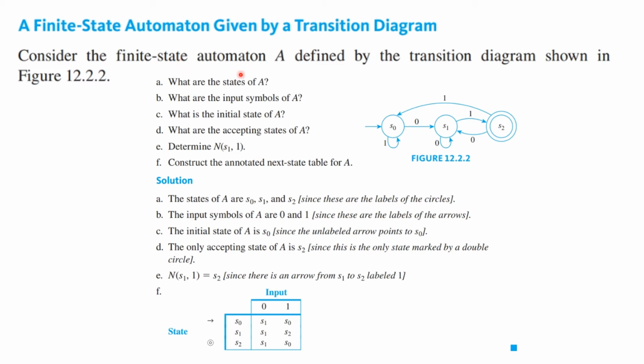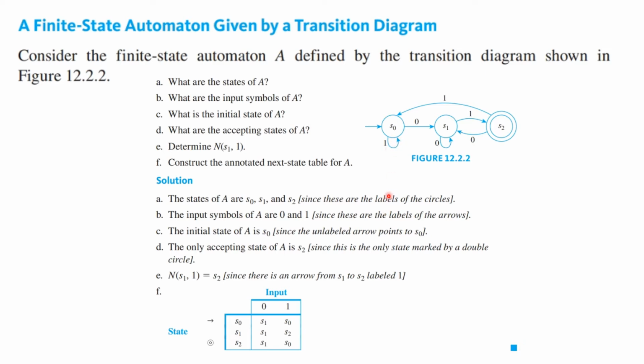So here's a finite state automaton, A, defined by this transition diagram that you see here. And we can ask questions about what are the states, input symbols, initial state, accepting states, and calculating the transition function. And also you can be asked to construct an annotated next state table given the diagram.